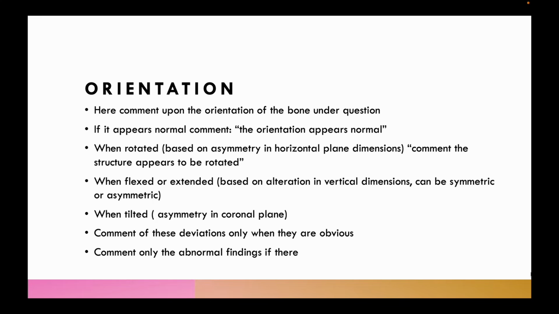And then we have to comment upon the orientation in the frontal or sagittal plane as well, whether the pelvis or any bony part that you are studying, it is tilted in flexion or extension. These parameters can be confirmed by the variation in the vertical extent of the bony landmarks, for example, obturator foramina dimensions. If it appears to be larger in vertical dimension, that means the pelvis is flexed.